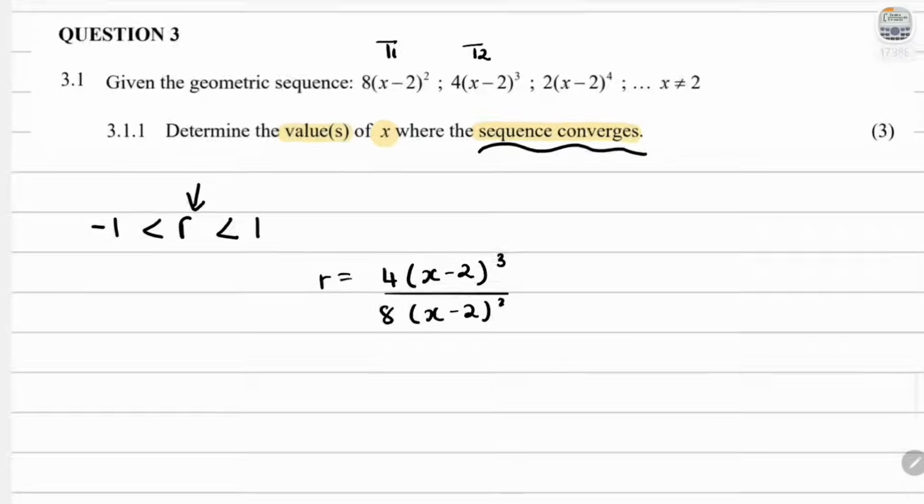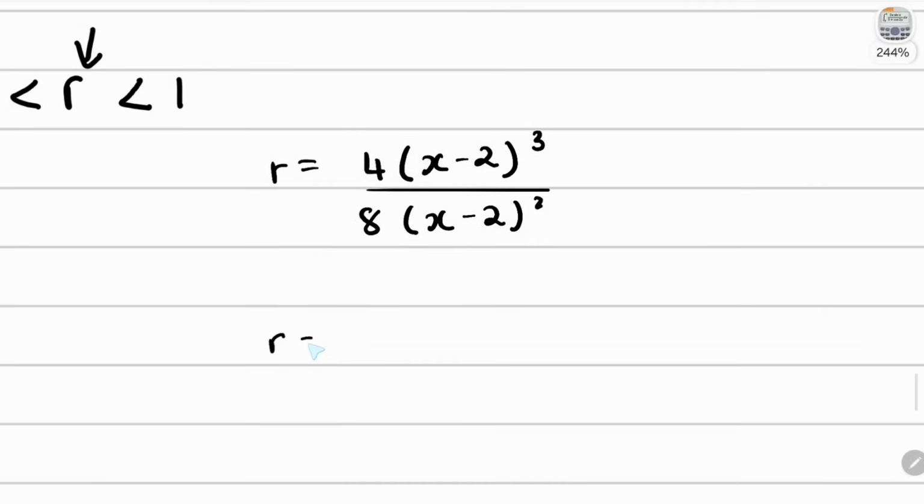And when we simplify this, if we divide here, really what happens is in the numerator, 4 divided by 4 is 1, and 8 divided by 4 is 2. So that's what remains in the denominator. And then here we have the exact same base, but here we have 3 and here we have 2. So it means that they are common in both.